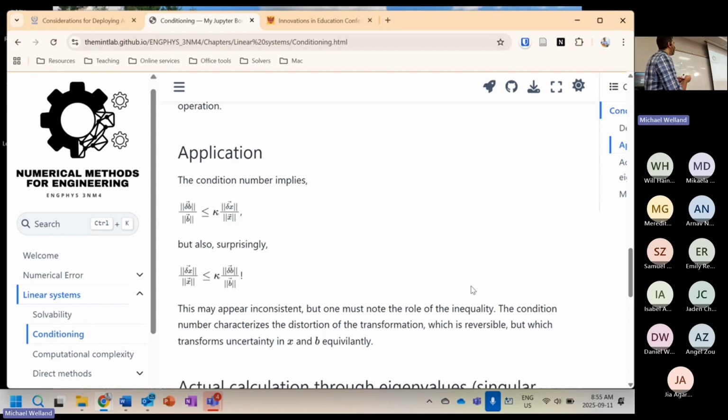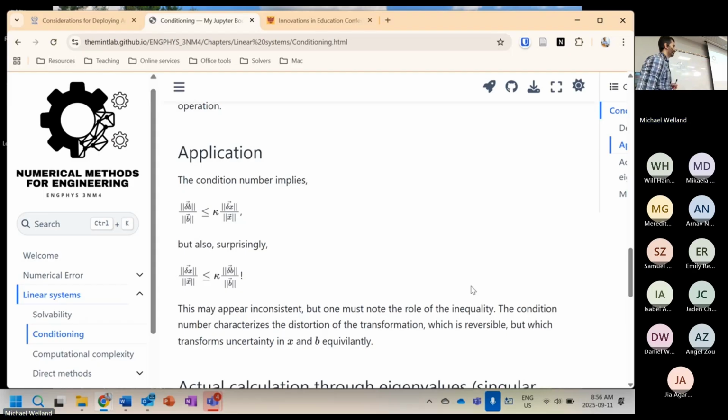Anybody know what this vector here is called? Anybody want to have a guess? The maximum transformation, the maximum squashing, extension, skewing of this guy?